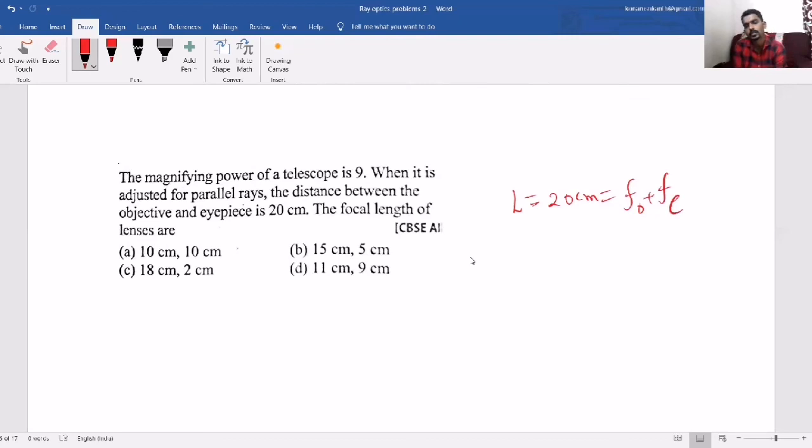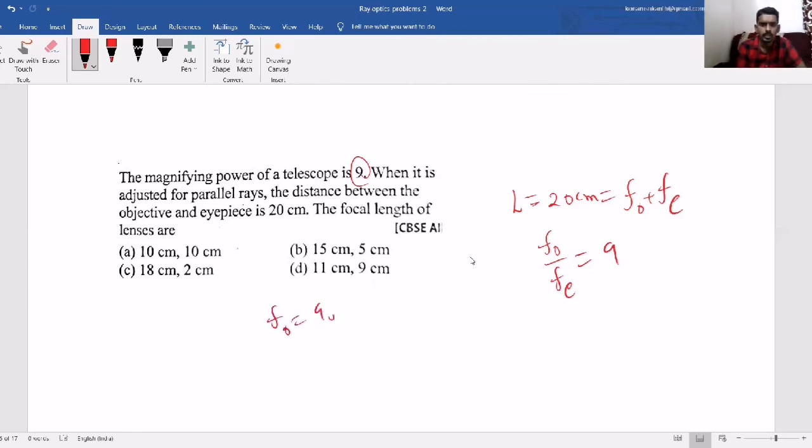That is again normal adjustment. I told you already, they usually ask questions based on normal adjustment. So that is the f naught plus fe value they have given. Now they are asking the focal length of the lens. In this situation the magnification formula gives F naught by fe is 9.